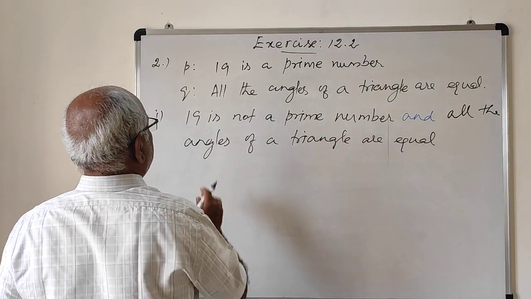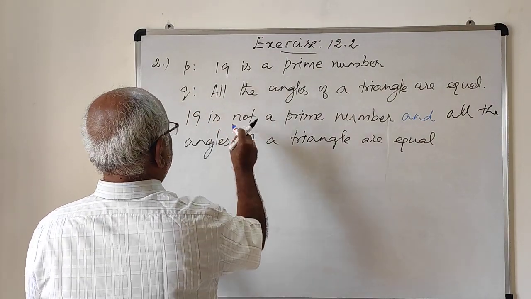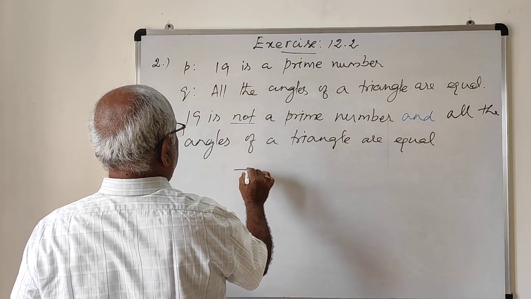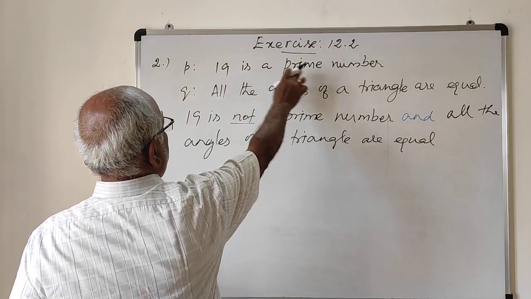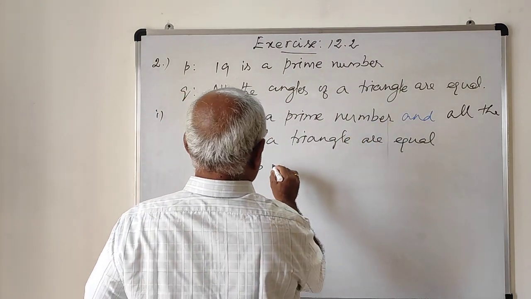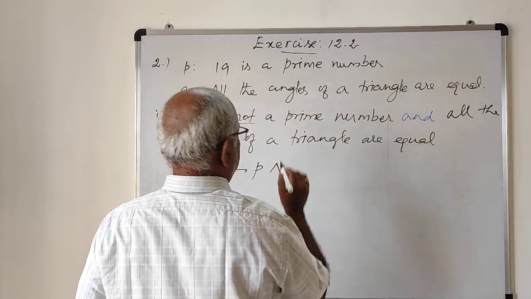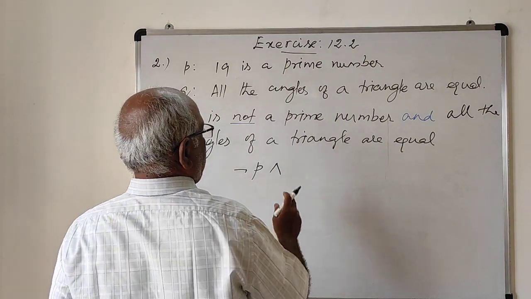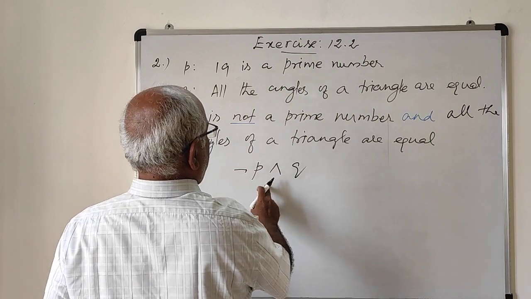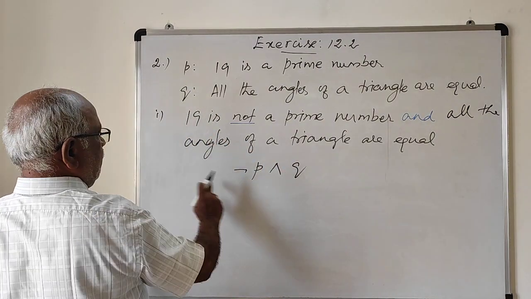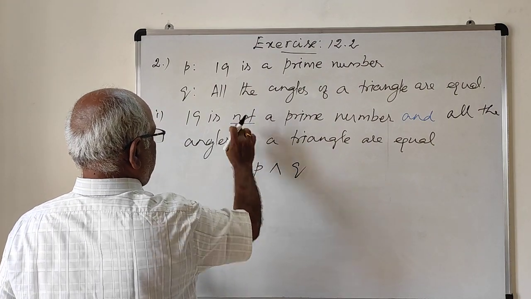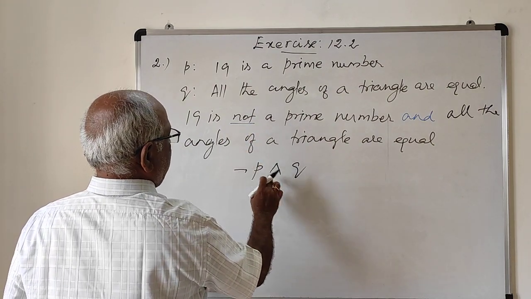In this case, 19 is not a prime number. Not is an indication, negation P. Because 19 is a prime number, 19 is not a prime number means negation P, and is written by conjunction, and all the angles of a triangle are equal, Q. Negation P conjunction Q is the variable statement. This statement is converted into the variable statement negation P conjunction Q.